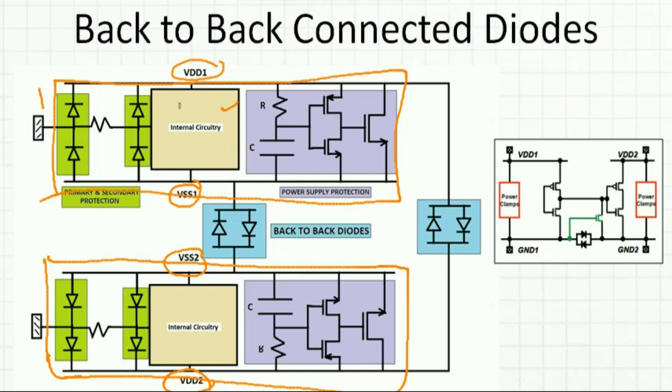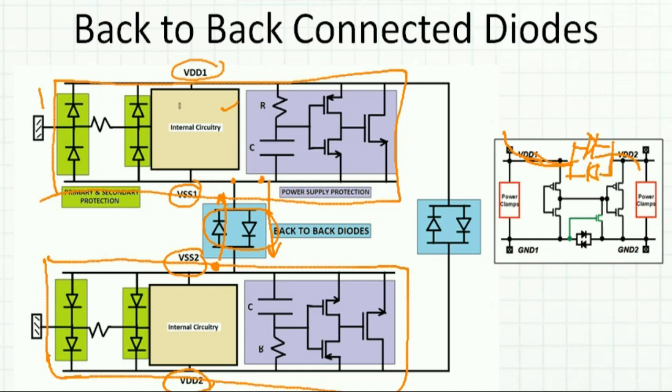So we must protect the entire thing. If this triggers, there must be a path to discharge through this ground. So what we do is connect back-to-back diodes like this. Now if this voltage goes higher, then this will turn on, and if this voltage goes higher, then this will turn on, so that our entire circuitry is protected. Suppose some ESD event occurs at VDD1, there will be back-to-back connected diodes here.